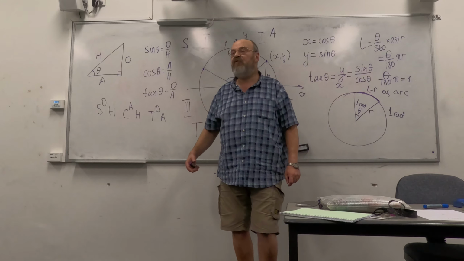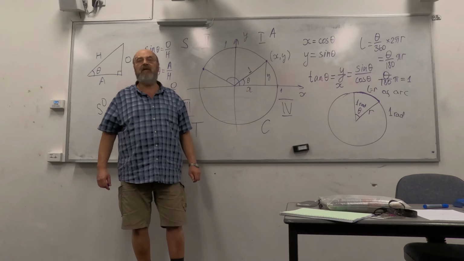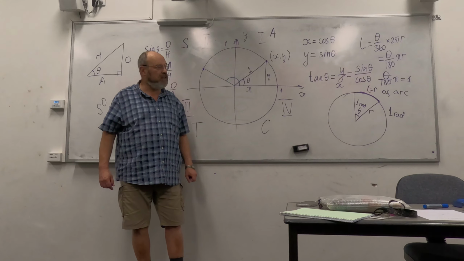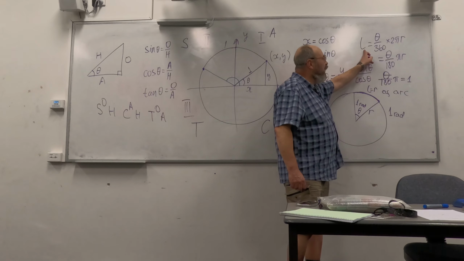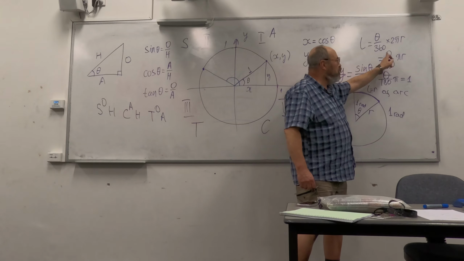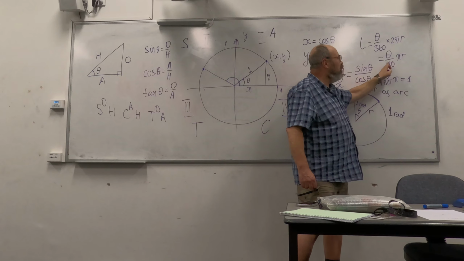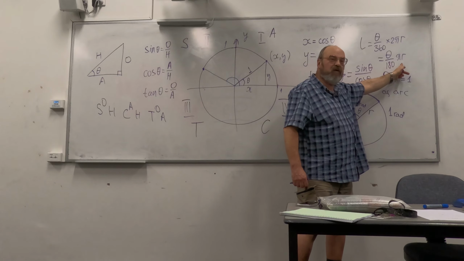Now let's find the relation between degrees and radians. We can see it from here. For L to equal R, theta over 180 times pi equals what?